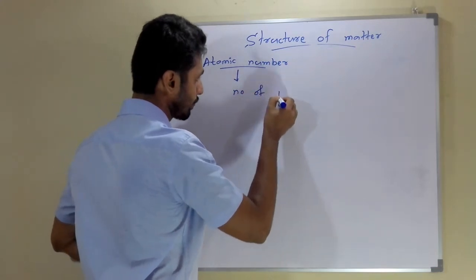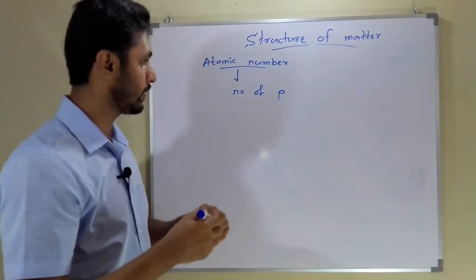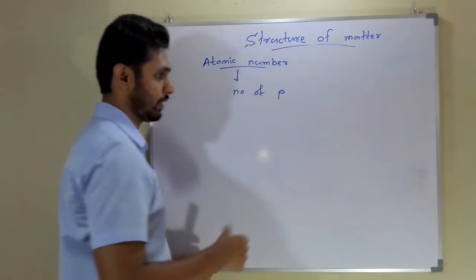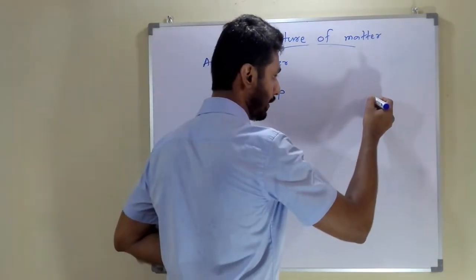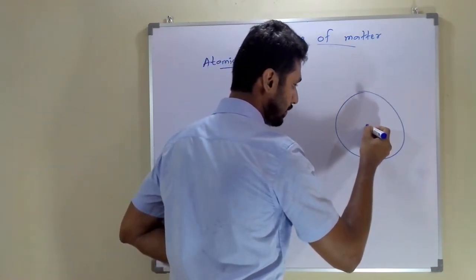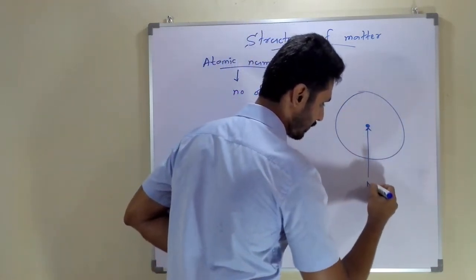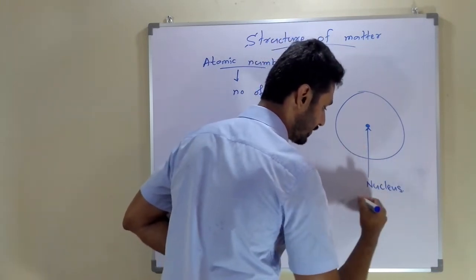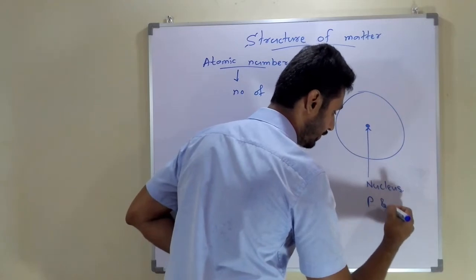I'm using the simple letter P for the protons, and I drew a diagram here. You can understand, this is the nucleus. This nucleus contains protons and neutrons.